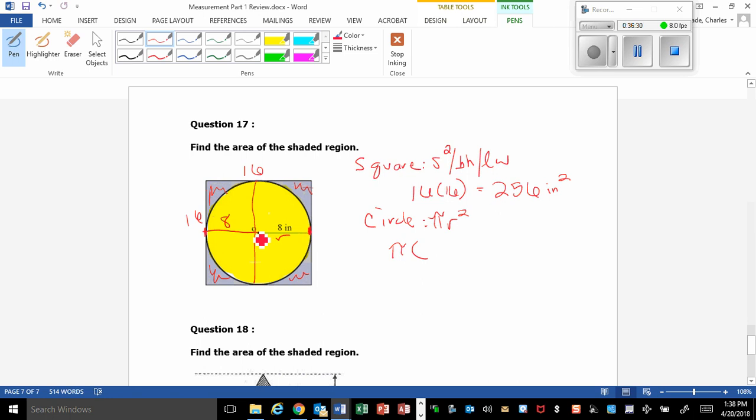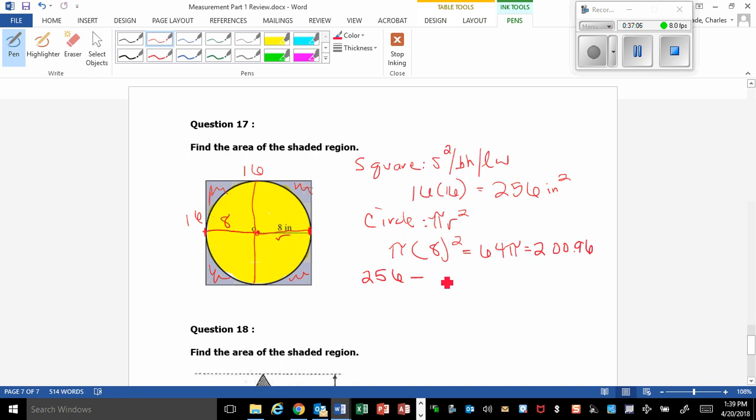The radius is from halfway to the outer edge, so that's 8 squared, which is going to be 64 pi, and 64 times pi, let's use 3.14, is 200.96. So that's the area of the circle.